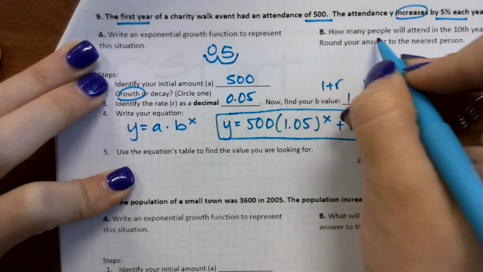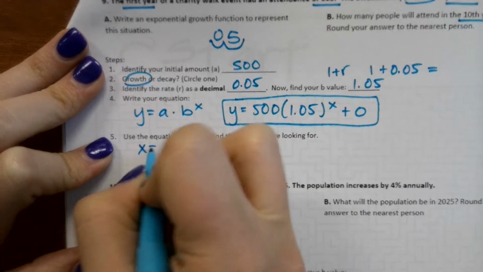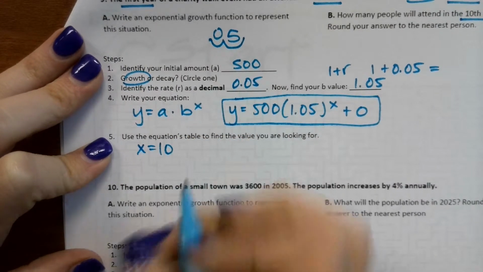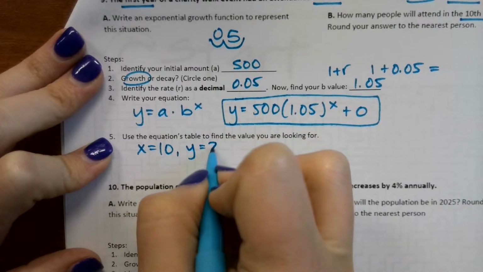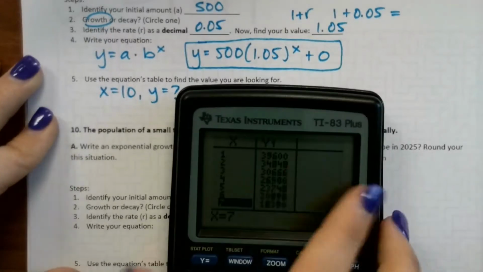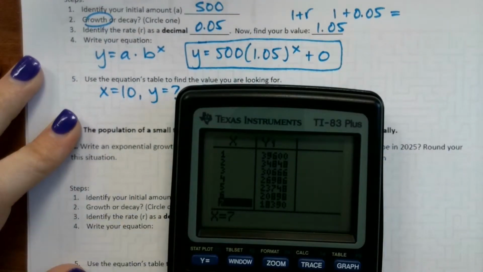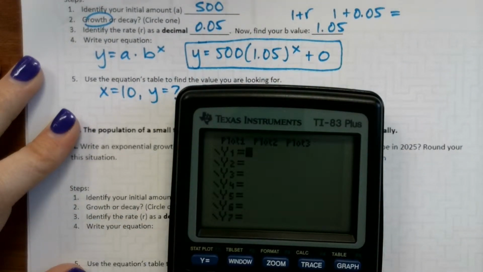How many people will attend in the 10th year? That's part B. So I want to find when x equals 10. What does y equal? I'm going to plug my equation into the calculator and use my table of values. 500 times 1.05 to the x.